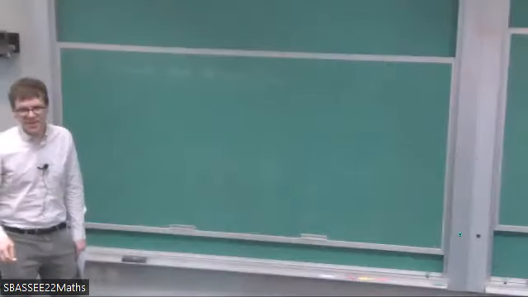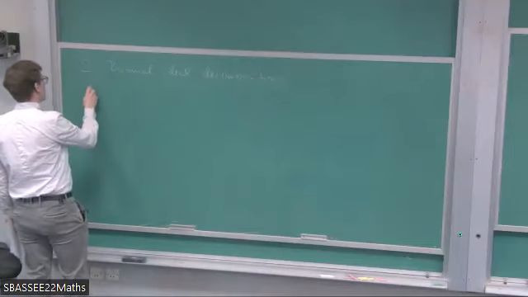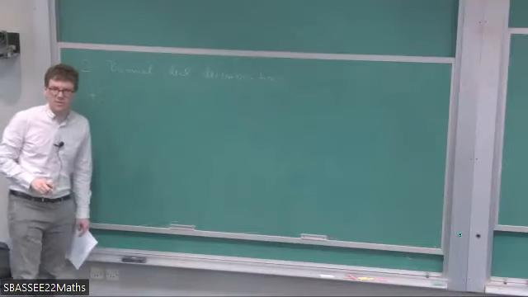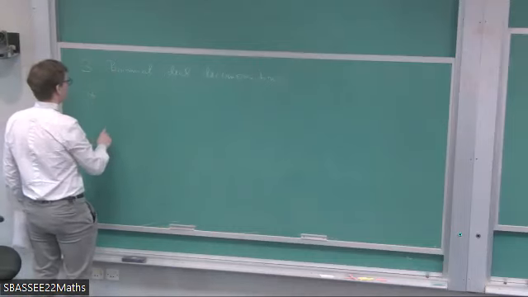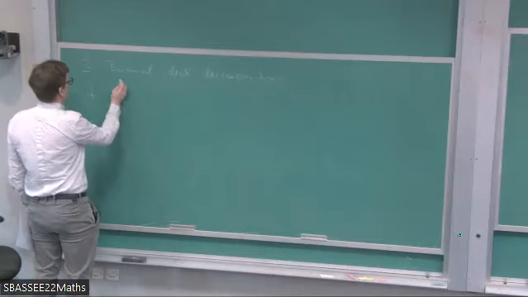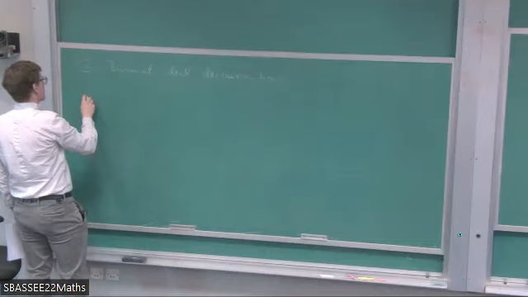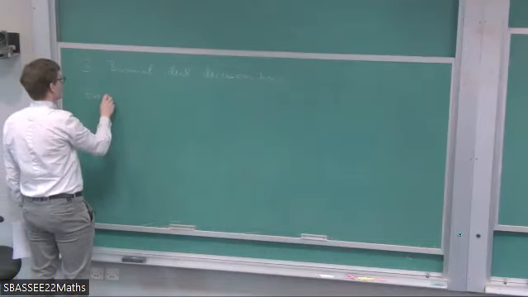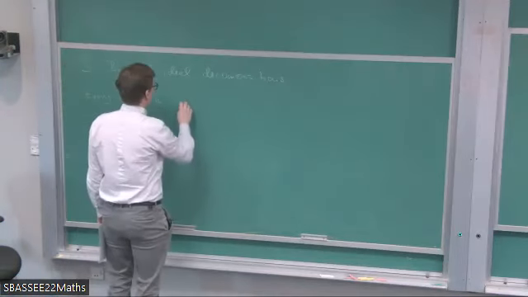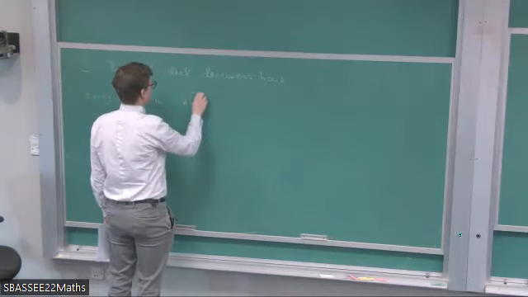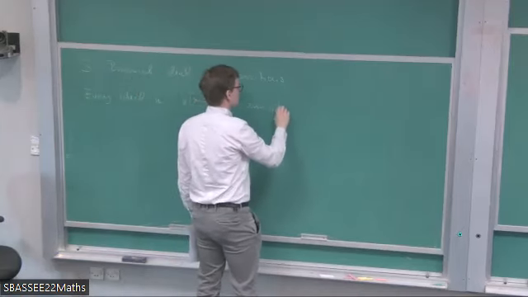And by decomposition, I always mean an intersection decomposition. So if you have studied commutative algebra, you might have seen this. I hope that at least some of you have. So every ideal in our polynomial ring has an intersection decomposition.